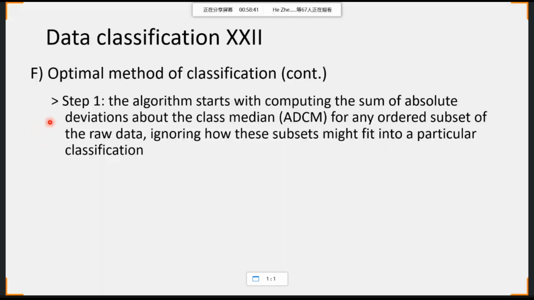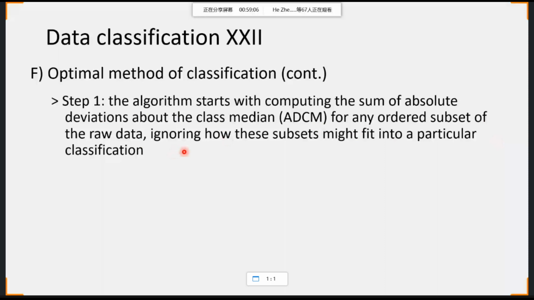The first step: the algorithm starts with computing the sum of absolute deviations about the class median, ADCM. We just talked about that in this example. This is done for any ordered subset of the raw data, ignoring how these subsets might fit into a particular classification. So we don't think about the final classification at the beginning.